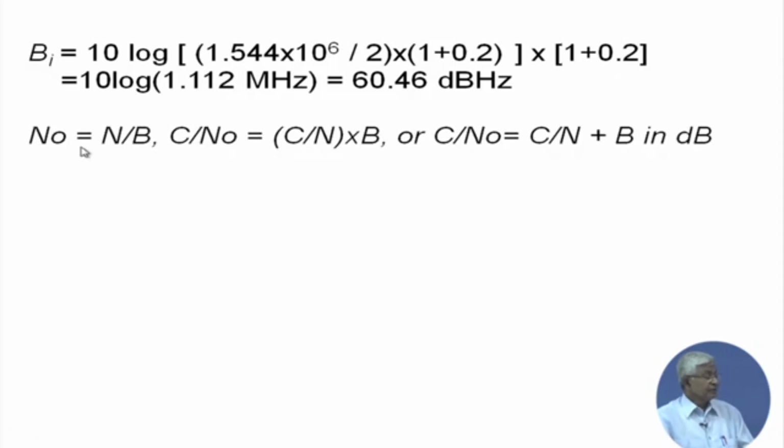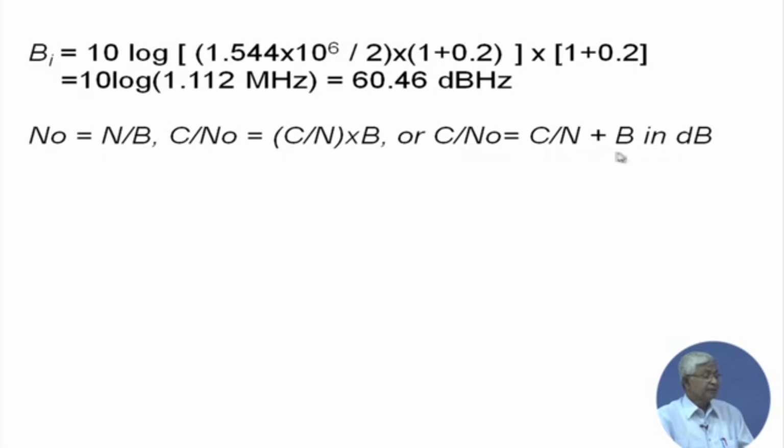So, one thing you try to recollect, that noise power density is noise power divided by the bandwidth. So, N0 is N by B. So, C/N0 is C/N into B, that is, C by the denominator N by B, or you can say C/N0 is C/N plus B in dB.